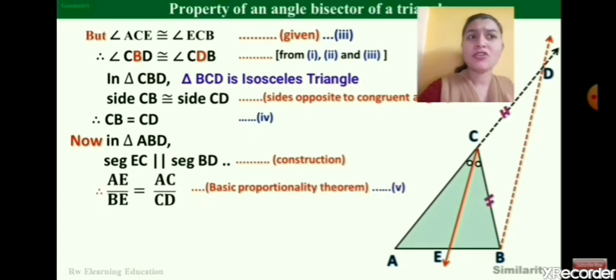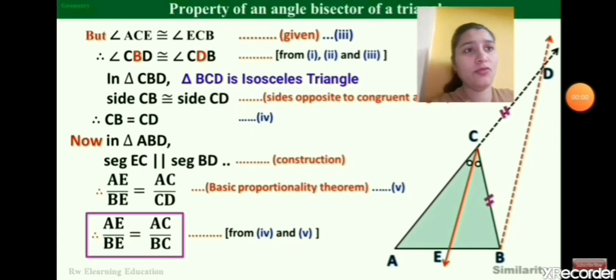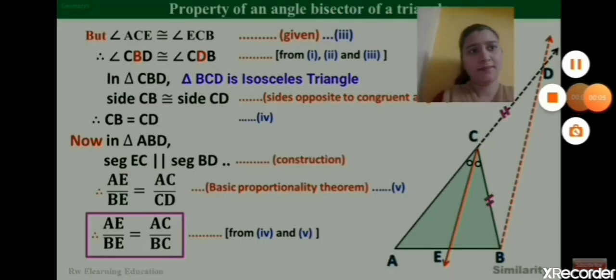But in equation 4 we have CB equal to CD, right? So instead of CD, I can write BC. Hence we have proved AE upon BE is equal to AC upon BC.